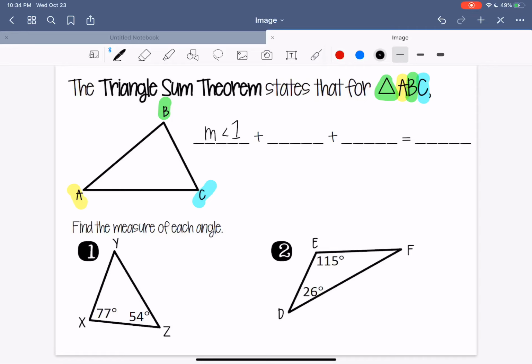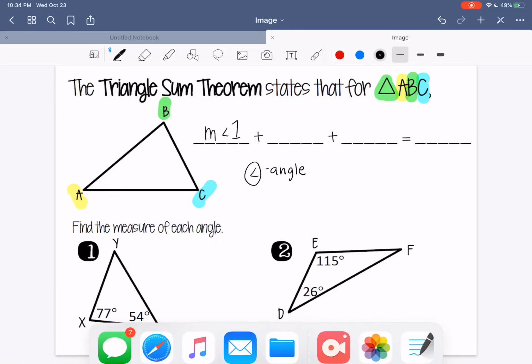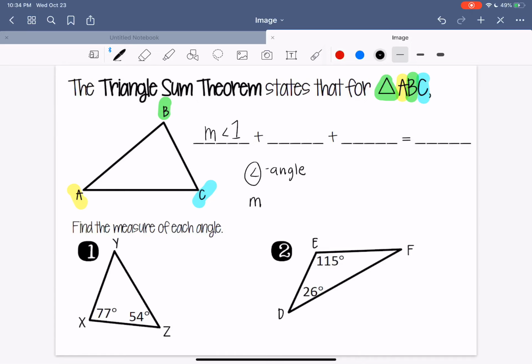So we talked about how this can represent the word angle. So rather than having to write angle every single time, they have a shortcut for you. And the same with the M is going to be short for measure.